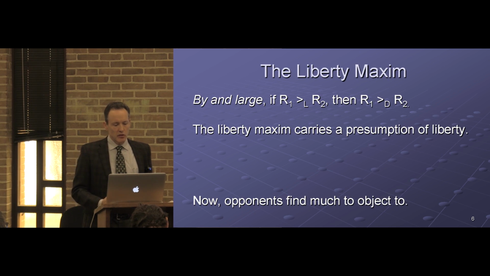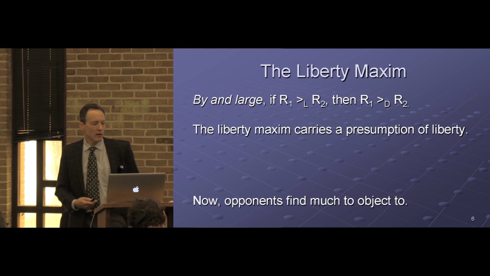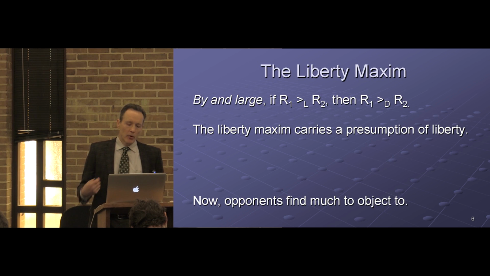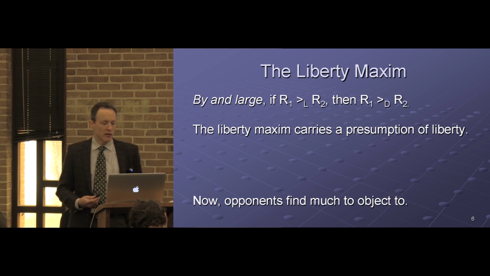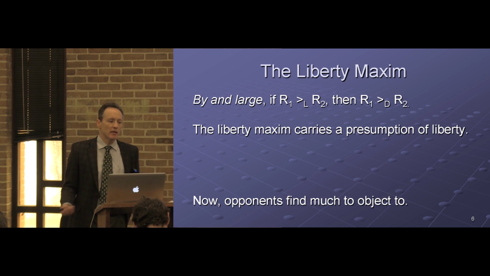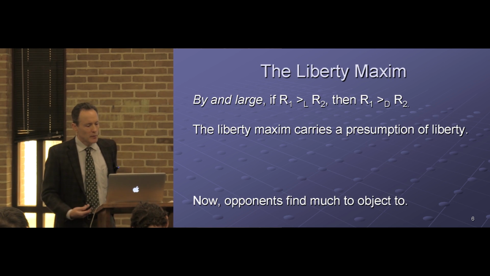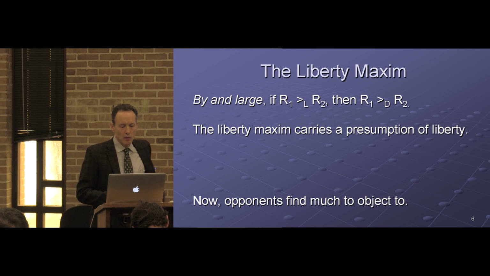A maxim gives us a presumption of liberty, such that the burden of proof is on the contravenor of the principle, like the presumption of innocence. Not that everybody's innocent, but there's a presumption of innocence, and the burden of proof is on the prosecution.